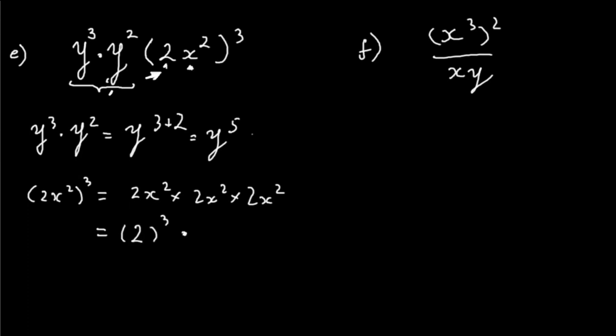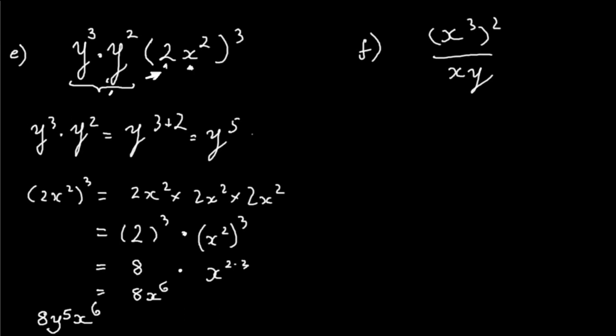And we can multiply that by x squared times x squared times x squared, which is x squared raised to the power of 3. And then we can simplify this further. This will be 8, and this will give us x to the 2 times 3, which gives us 8x to the 6. And so we worked out our second part of the solution, and so our final answer, we could write it like this: 8 y to the 5 x to the 6.